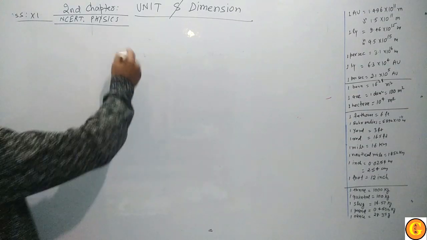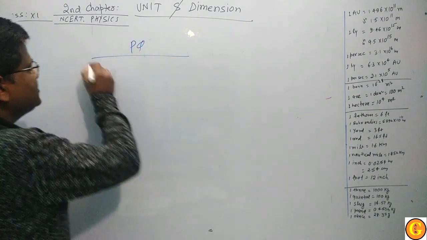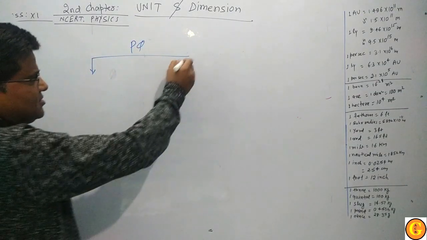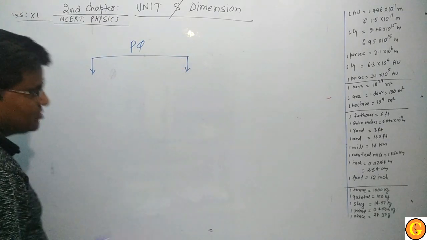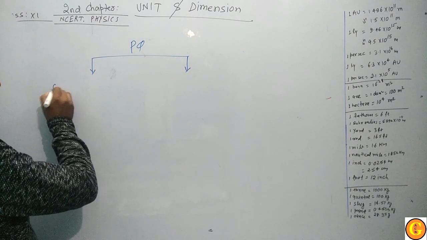Generally, physical quantity is of two types: on the basis of magnitude and direction, and on the basis of nature.